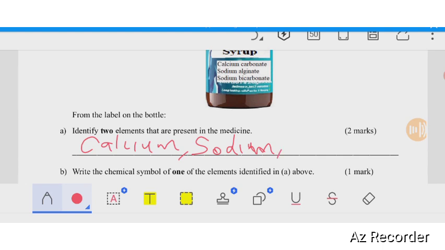Then we have another one from the carbonate, we can get carbon. The question said 2 elements, and I've given you 3.